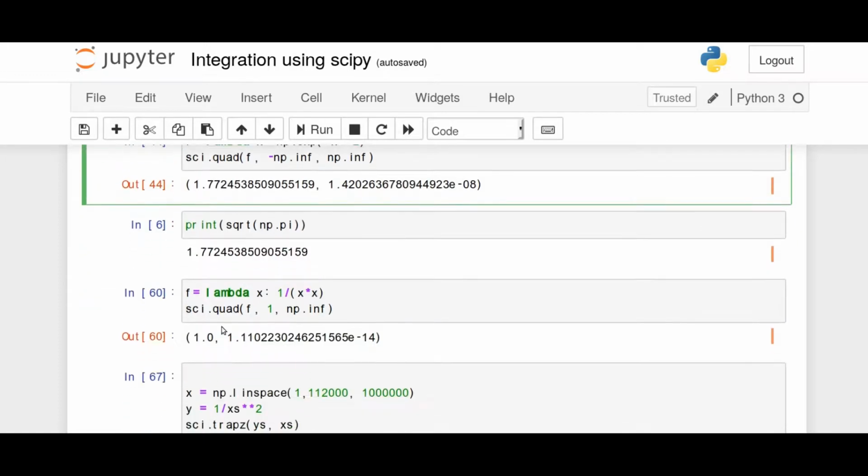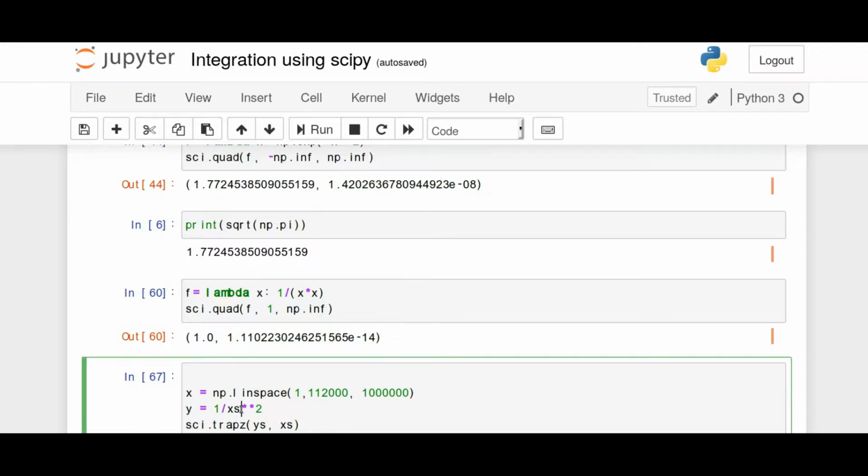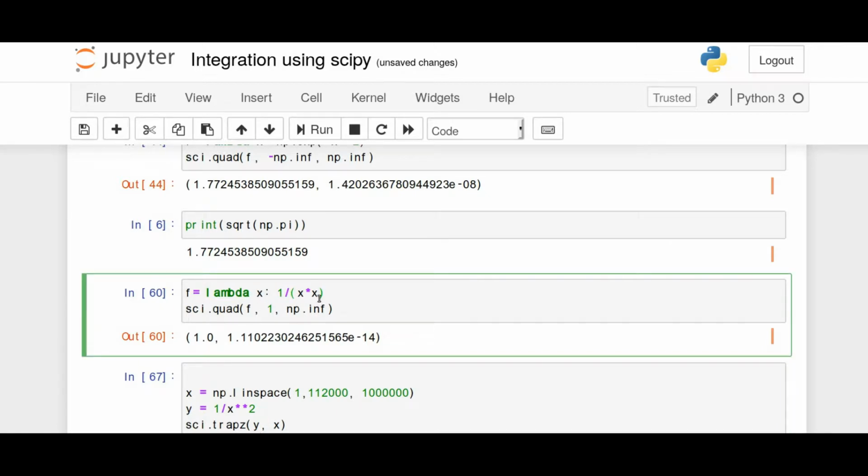Now I want to integrate, suppose, 1 over x, and I am just showing the error here. First we integrate 1 over x, and what happens?